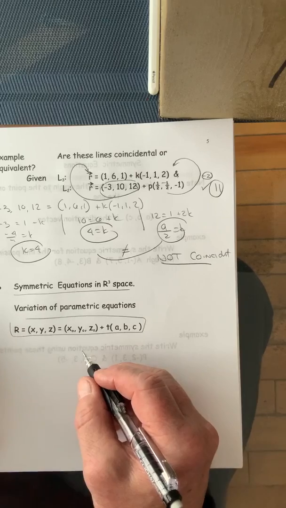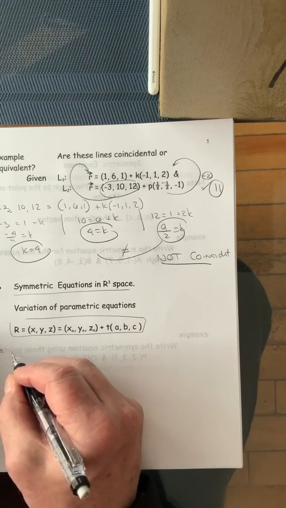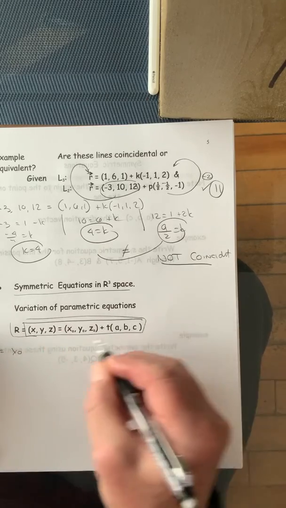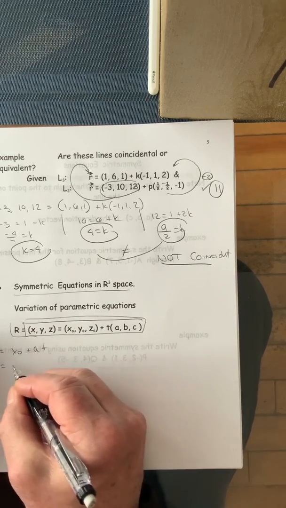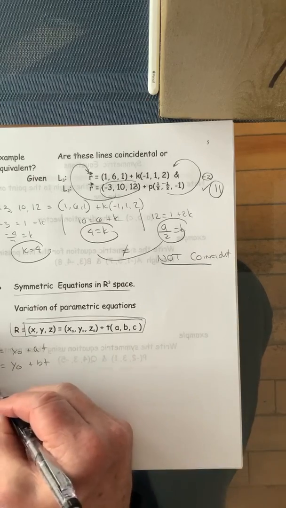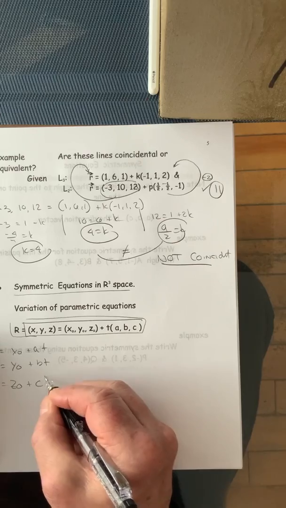I want you to put this in parametric form. x equals x naught plus At. y equals y naught plus Bt. z equals z naught plus Ct.